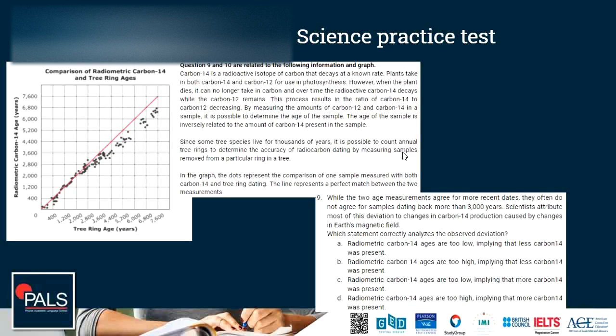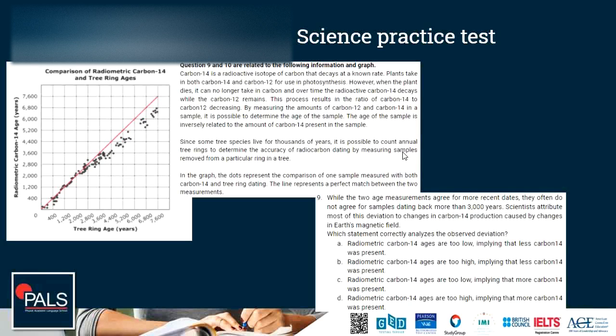Since some tree species live for thousands of years, it is possible to count annual rings to determine the accuracy of radiocarbon dating by measuring samples removed from a particular ring in a tree. In the graph, the dots represent the comparison of one sample measured with both carbon-14 and tree ring dating. The line represents a perfect match between the two measurements.